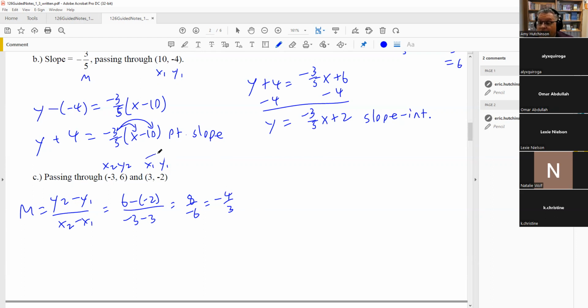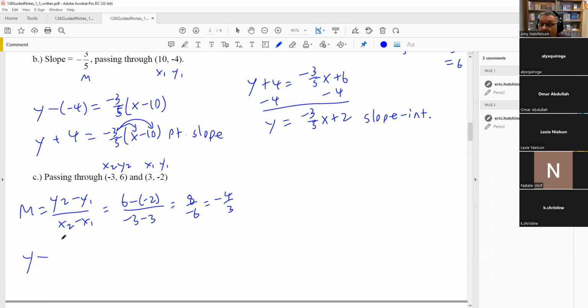We also have this point here labeled as x1 and y1. Now, when you do the point slope formula, you can actually use either one of these 2 points. Even though I have labeled the second point as x1, y1, we could have also used the first one. It really doesn't matter, but since I have this labeled already, we'll go ahead and use it.